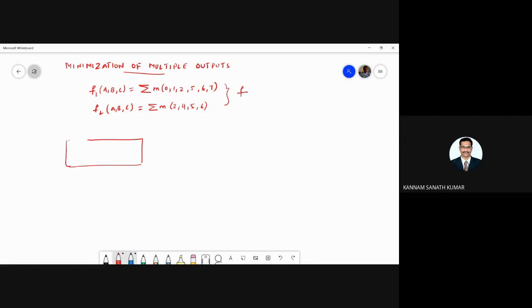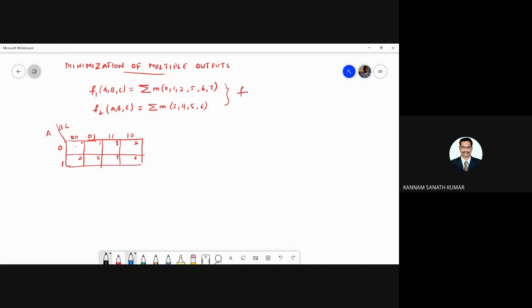So if you draw the K-map for F1, this is A and this is BC: 00, 01, 11, 10, with A as 0 and 1. The cells are numbered 0 to 7.